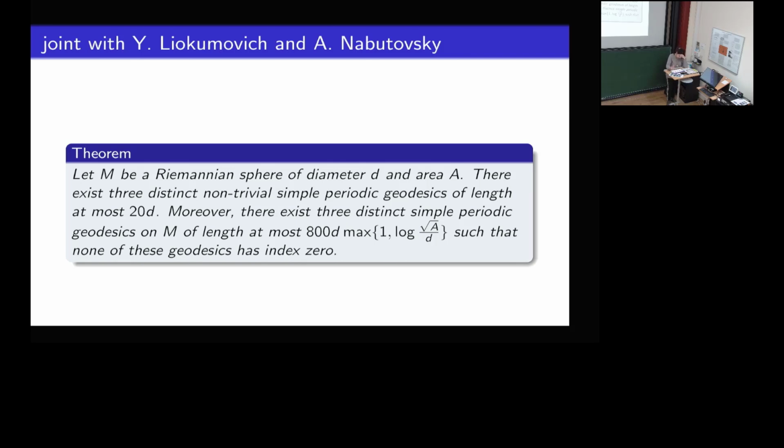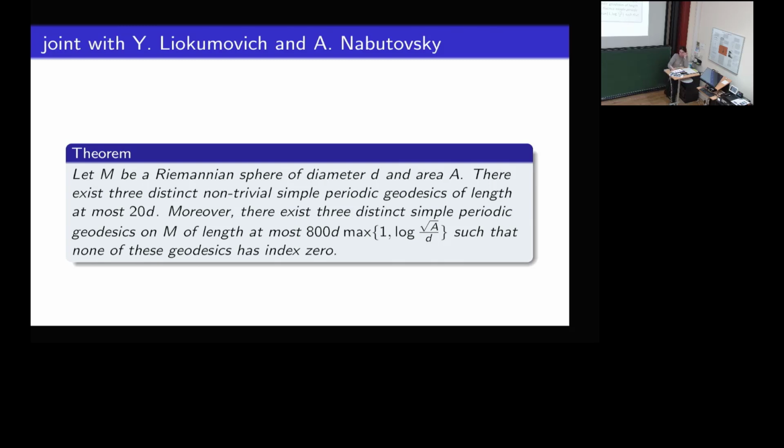I'm going to state what we're going to use. The theorem that we are going to prove is the following: if we want three simple periodic geodesics, and we want to bound their lengths just in terms of the diameter, then we are guaranteed to have three of lengths at most 20 times the diameter, if we also insist that those geodesics don't have index 0, that they are not stable geodesics.